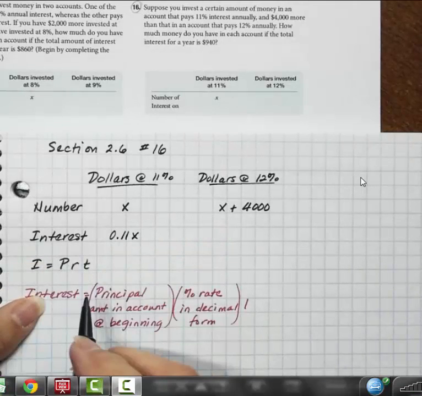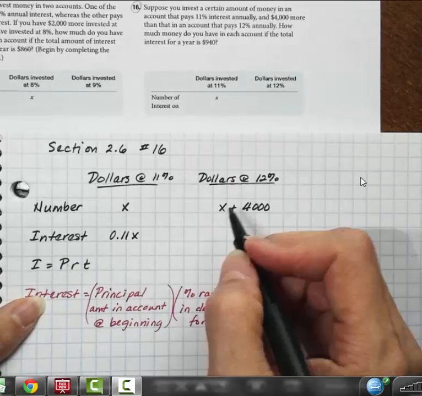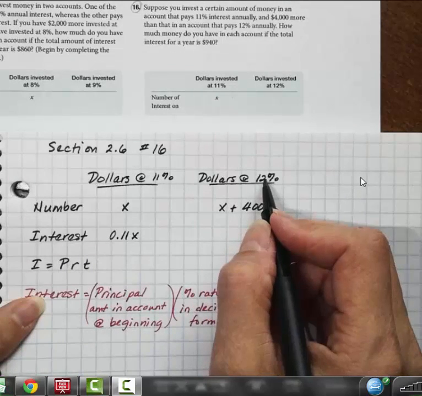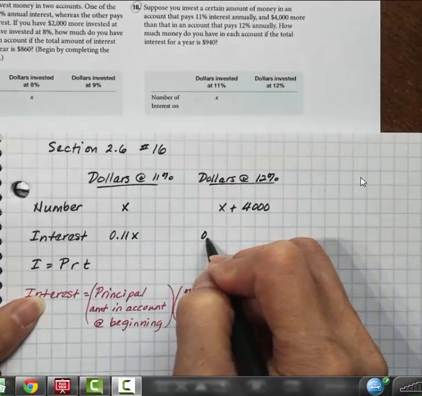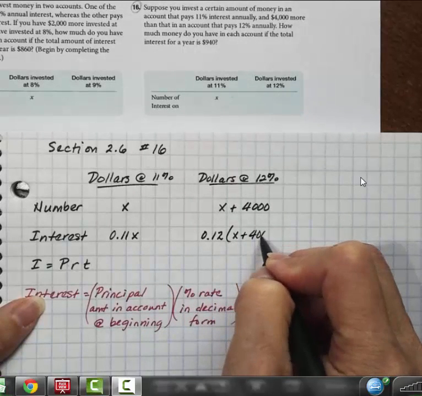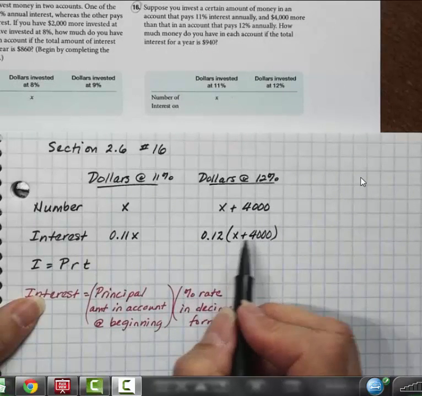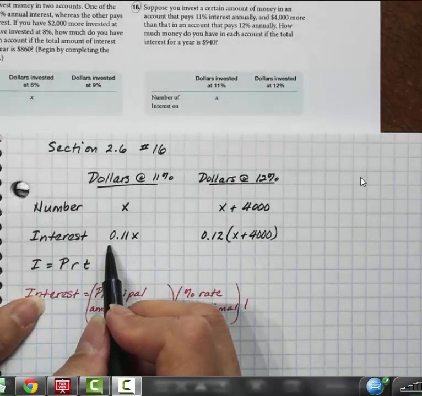Remember, T is 1, R is 0.11, X is your P. Over here, we have an interest rate of 12%, so I'm going to rewrite that in decimal form, times the amount that I'm going to be investing at 12%. So this is the interest I'm earning at 12%. This is the interest I'm earning at 11%.